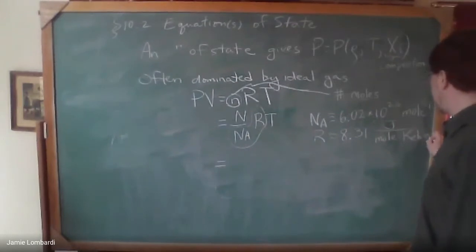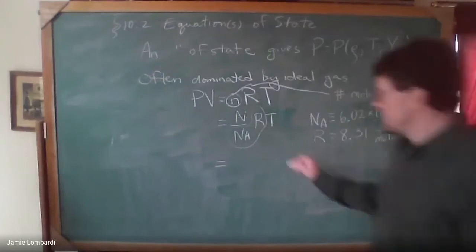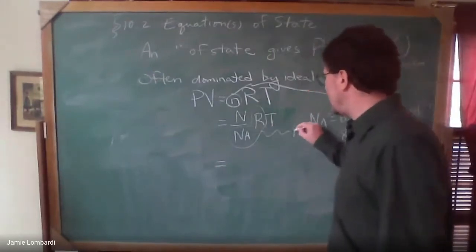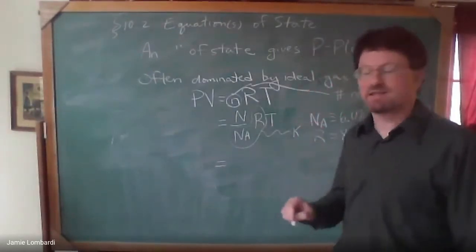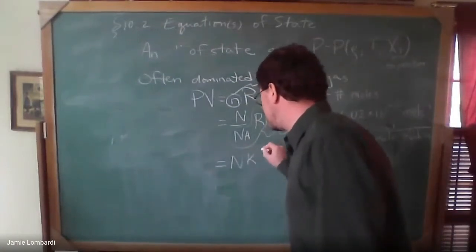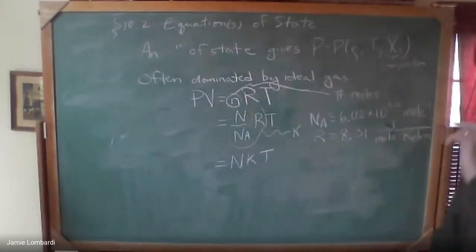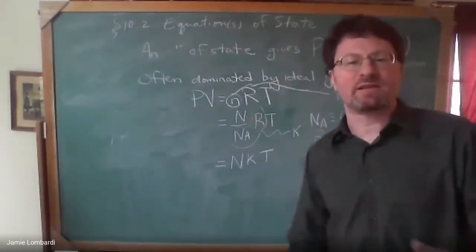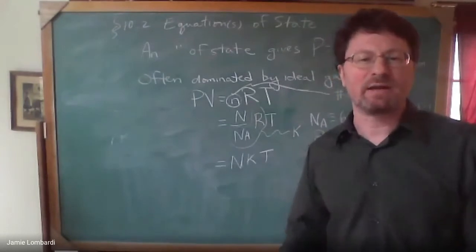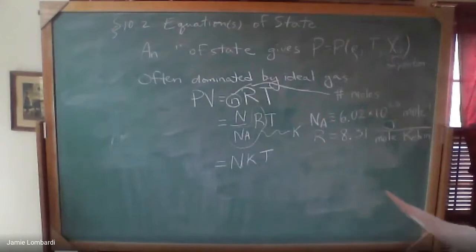And I'll write out Kelvin so we don't confuse it with the Boltzmann constant. And this R over N sub A is the Boltzmann constant. This is N times k times T. What I'm trying to do here is start to get closer to writing this the way an astronomer will write it, in a more convenient way, as you'll see.